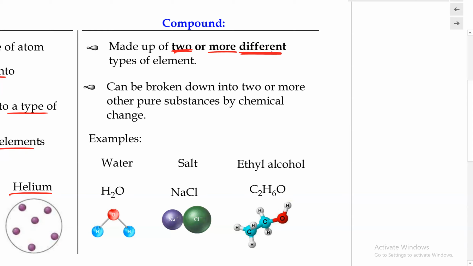So when we take a look at the formula of a substance, if we see it consists of two or more different elements in the formula, then that substance can be classified as a compound. And because a compound consists of different types of atoms bonded together, it can be further broken into pure substances by undergoing a chemical change.